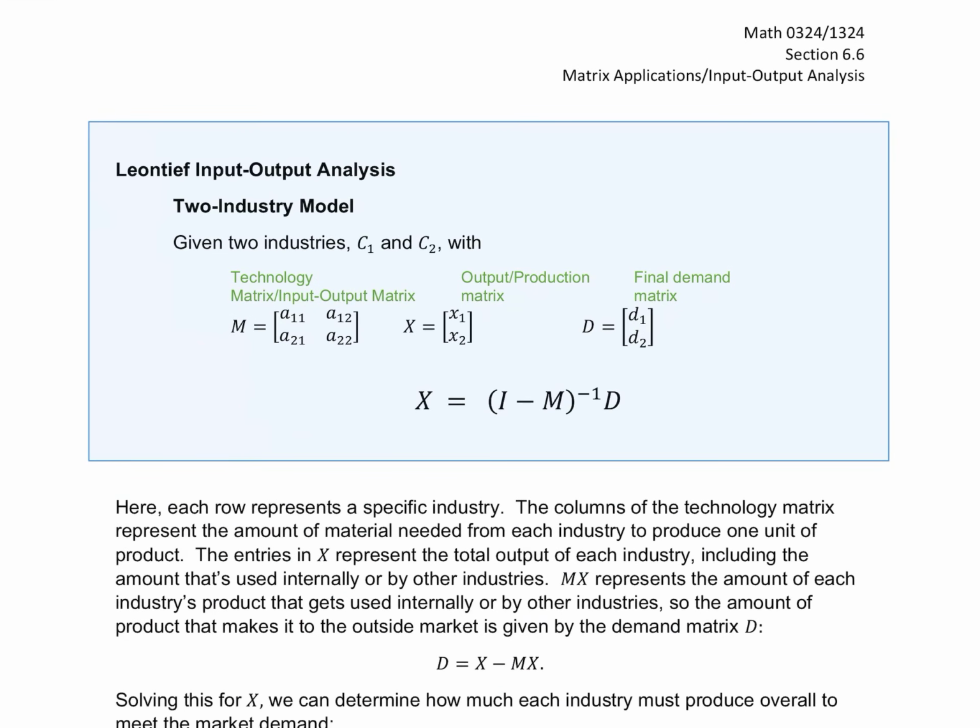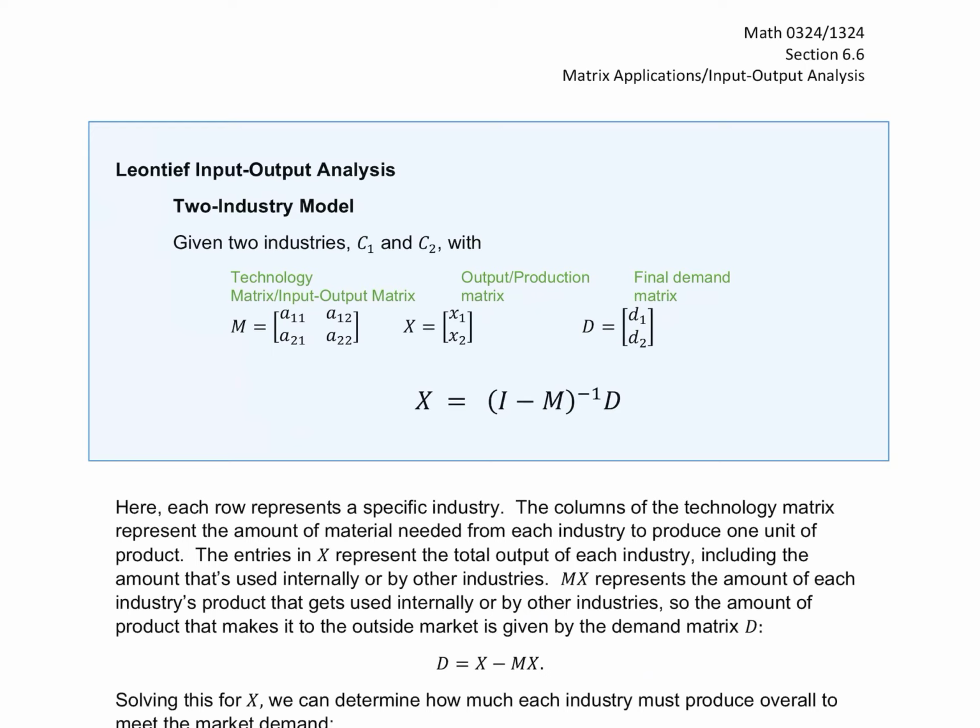And the Leontief input-output analysis does the same sort of analysis, except this time you have multiple industries. So you can have 2 or 3 industries that all use each other's products somewhat internally. So for example, maybe you are talking about oil and gas.